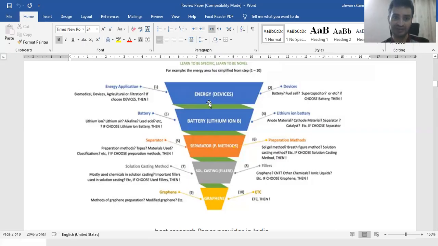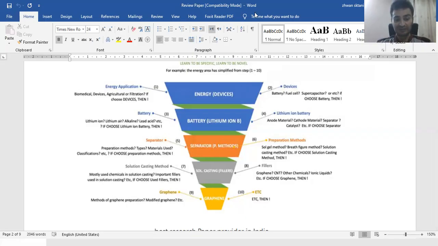So by this method, from top to down, you could find the basic writing flow for your review paper. This is very important. If you don't do this methodology, it will be very difficult for you to write the review paper.